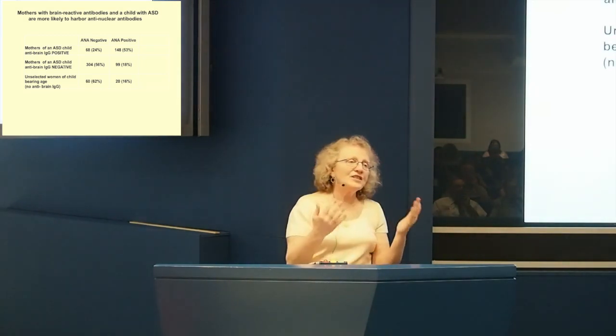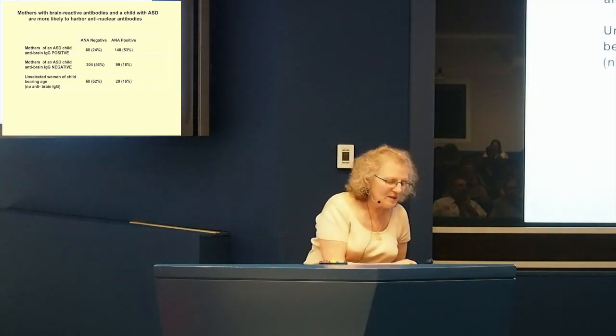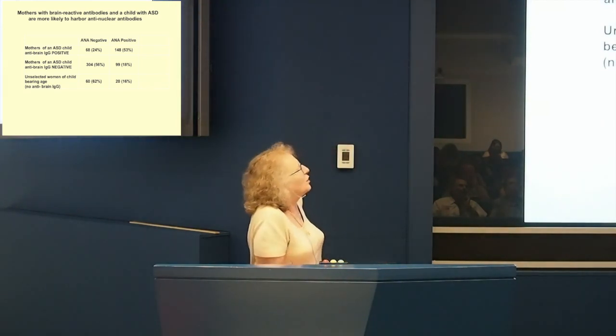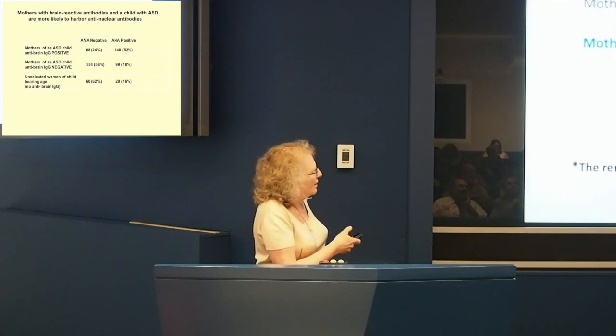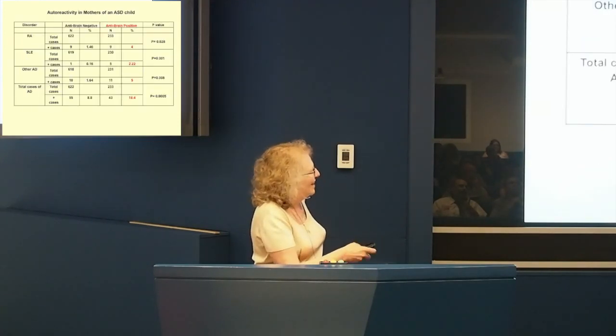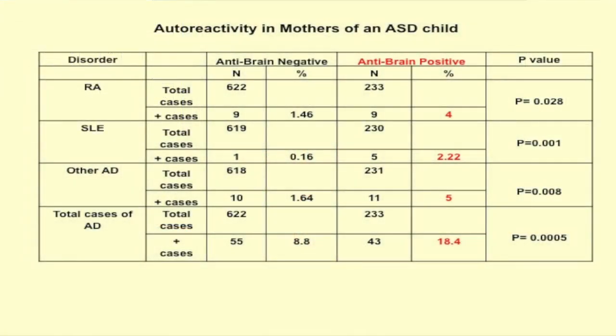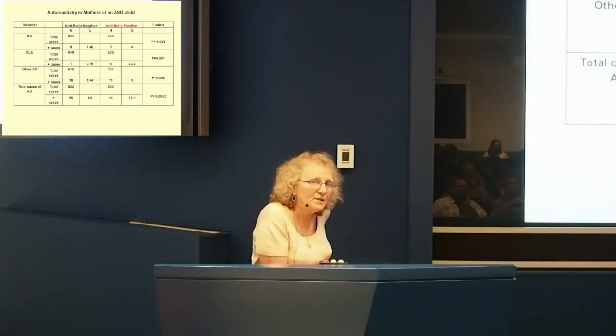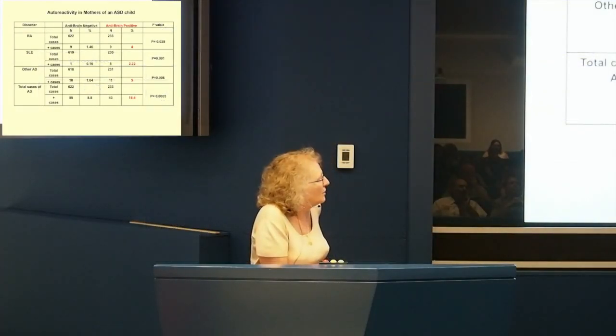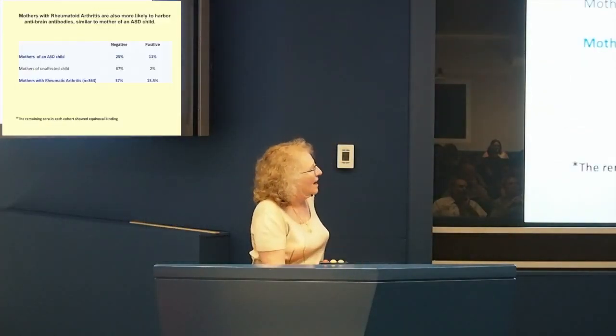So this was just a measure that there were other clues towards autoimmunity in these moms. And when we looked for autoimmune disease, we found that these moms were much more likely to have autoimmune disease than the moms of a child with autism spectrum disorder who did not have brain-reactive antibodies.